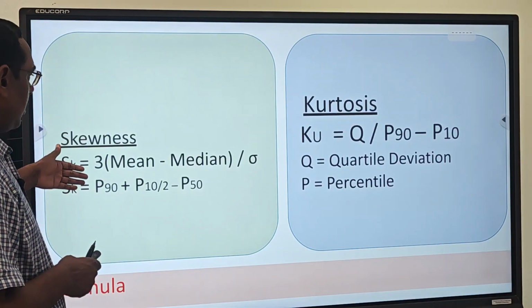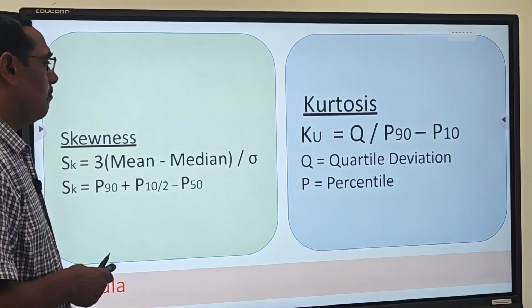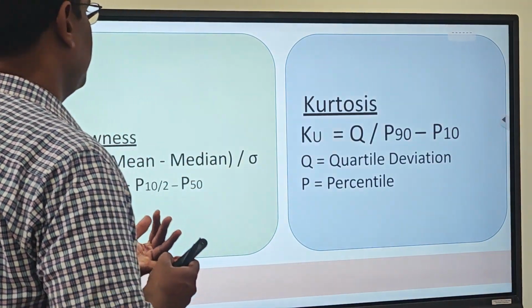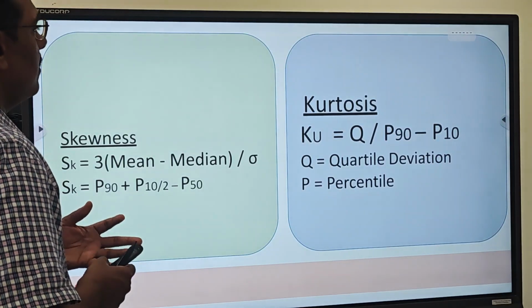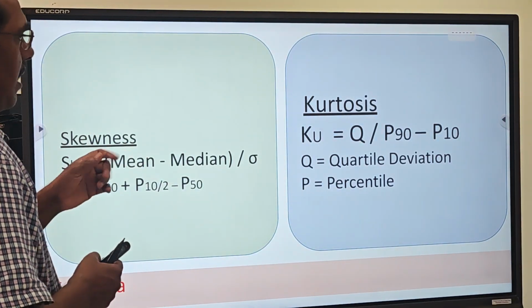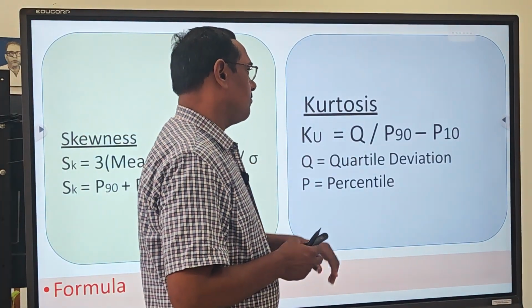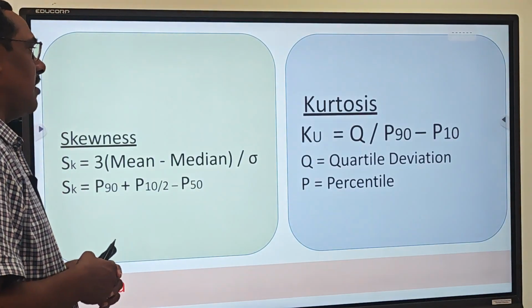Skewness is equal to 3 times (mean minus median) divided by standard deviation. Otherwise, (P90 plus P10) divided by 2, minus P50. Similarly, we can calculate kurtosis manually. Kurtosis is equal to Q divided by (P90 minus P10), where Q is the quartile deviation.